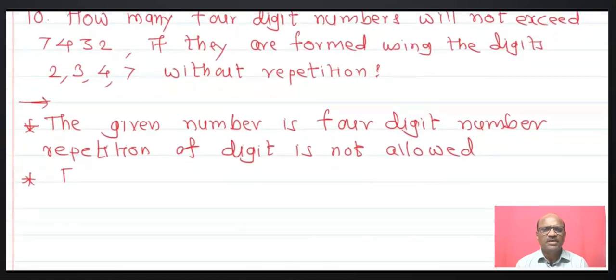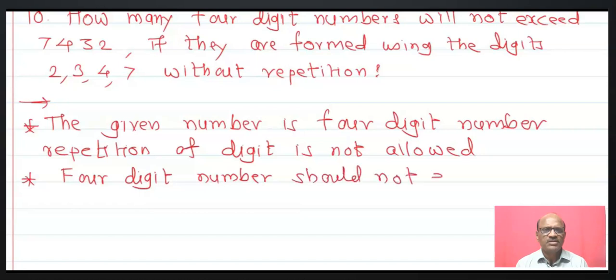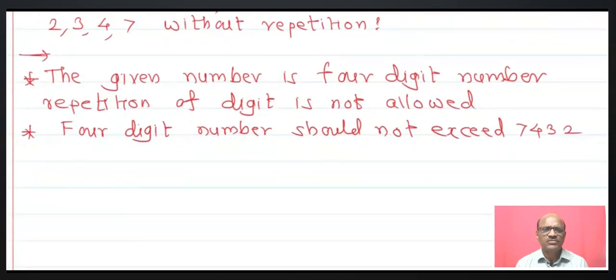The given number is 4-digit number. Repetition of the digit is not allowed. 4-digit number should not exceed 7,432.